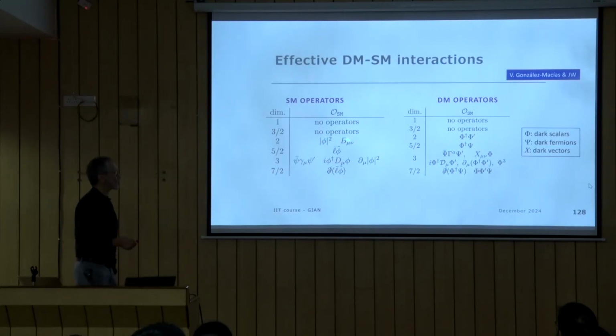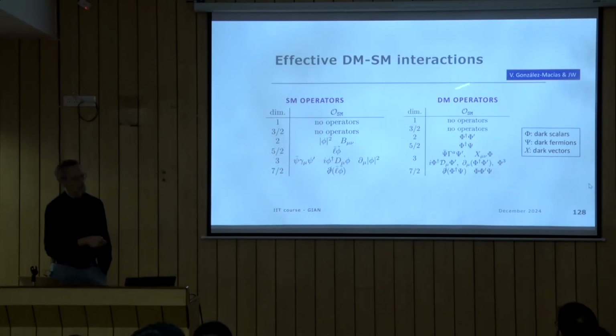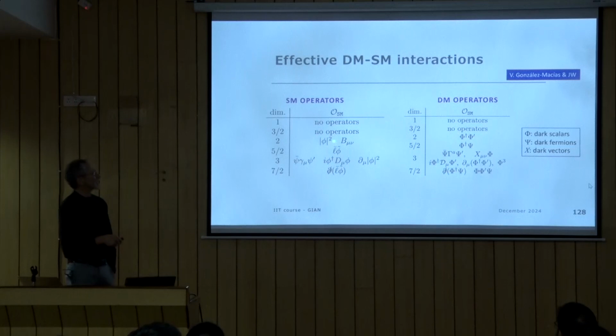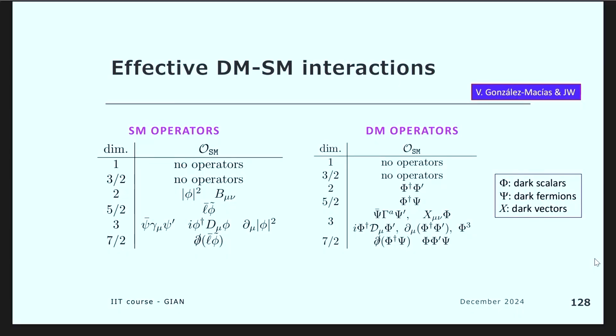It carries no gauge quantum numbers. It's a gauge singlet, invariant under gauge transformations, and so it belongs in this line. Dimension 5/2, you have only one: L bar, phi tilde. Dimension 3 are these, dimension 7/2 are these, and you can amuse yourselves going back.